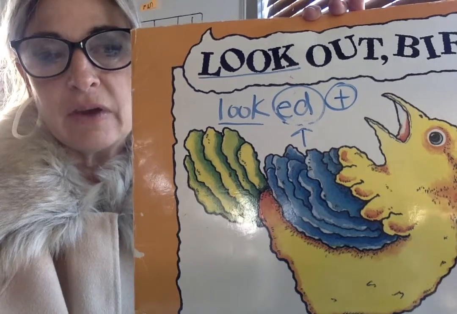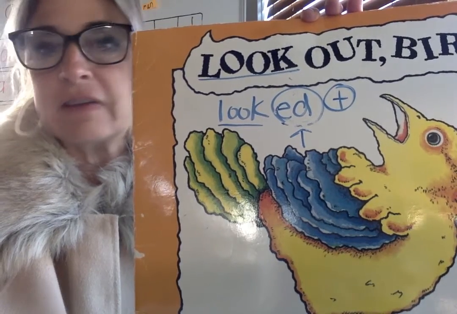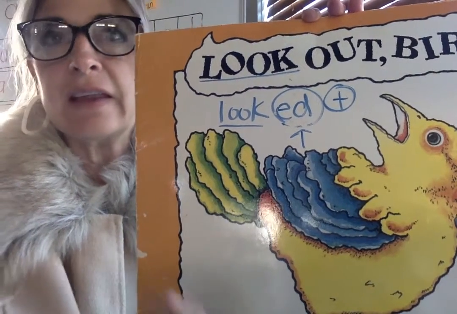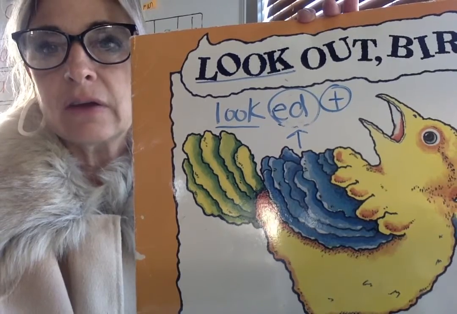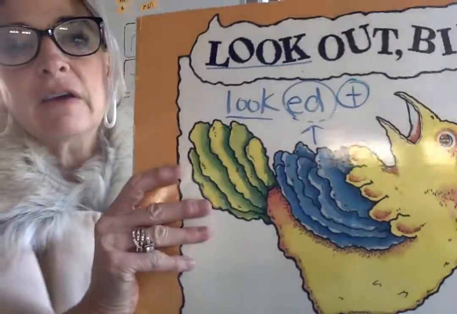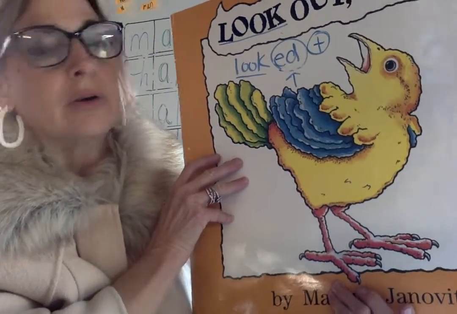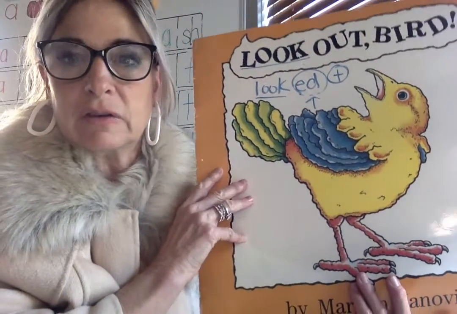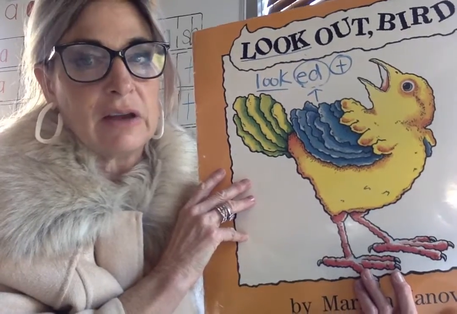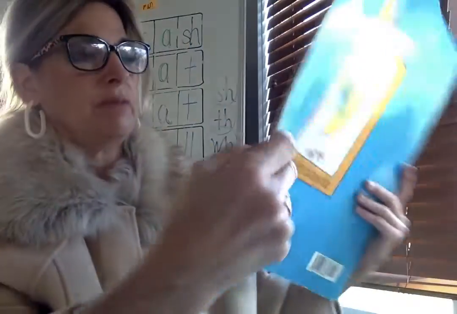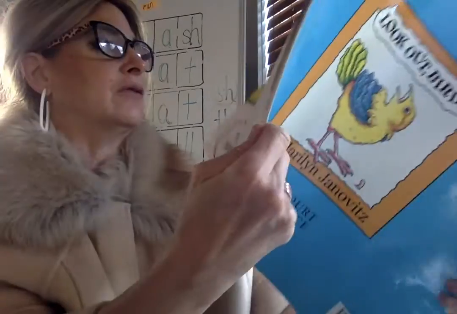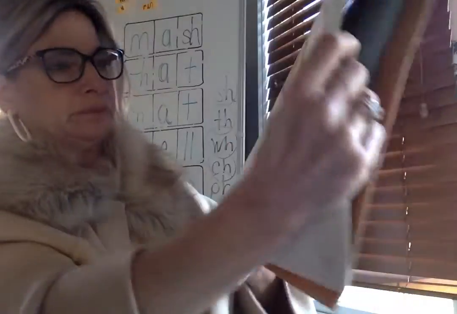Many times you've got to try the word and just let it flow. You say it like you talk. Anytime you hear conversations, you're going to keep asking yourself, does it sound right? And if I tried looked, it would be the T sound at the end. Okay, we're going to start looking for those ED endings.